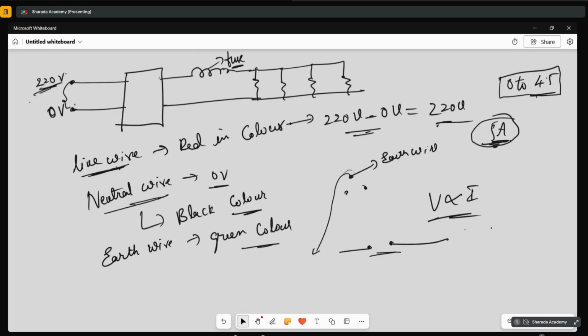And we studied about 5 amps fuse and 15 amps fuse ratings. Usually for electronic devices, lights and all, a 5 amp fuse is used. There will be two circuits, one with 5 amps, one with 15 amps.